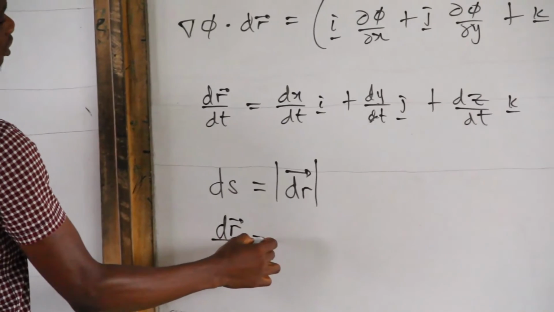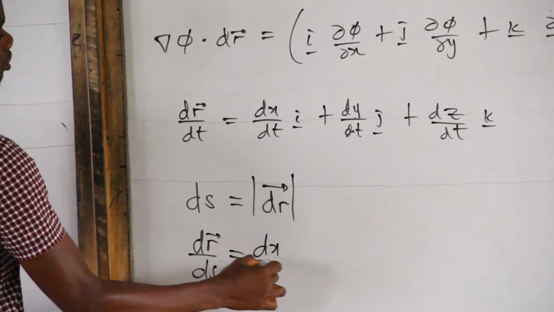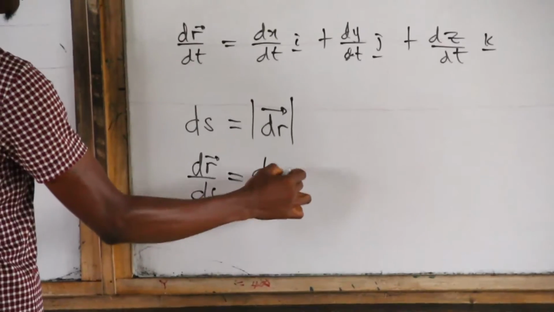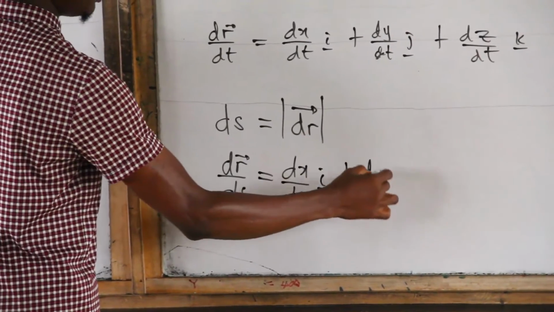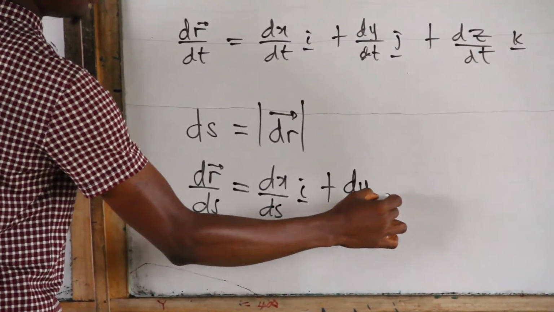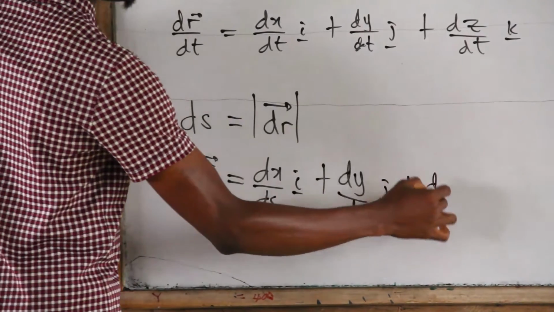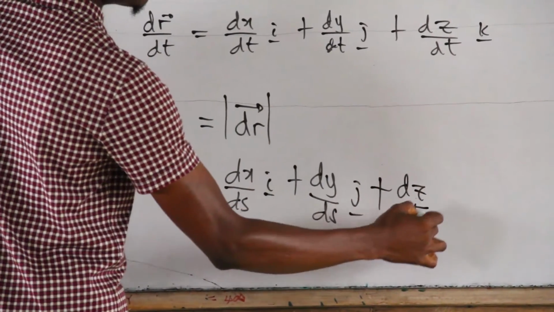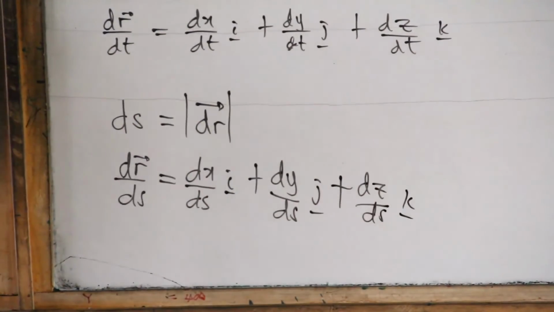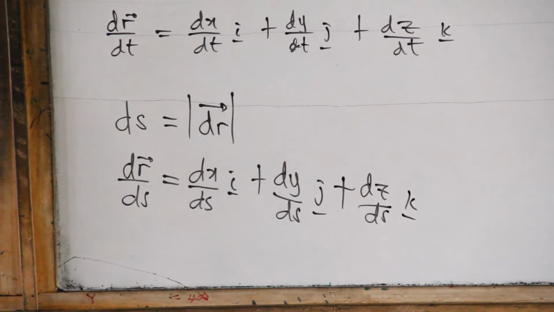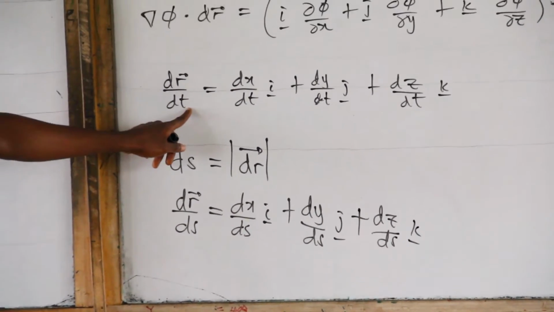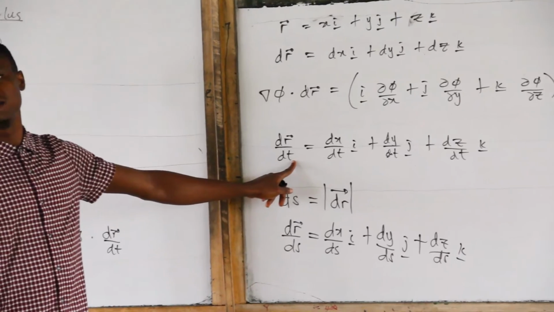Of course, it will be of the same form. That's going to be equal to dx/ds i plus dy/ds j plus dz/ds k. So t is just any parameter. So we're not using any parameter to get the directional derivative.